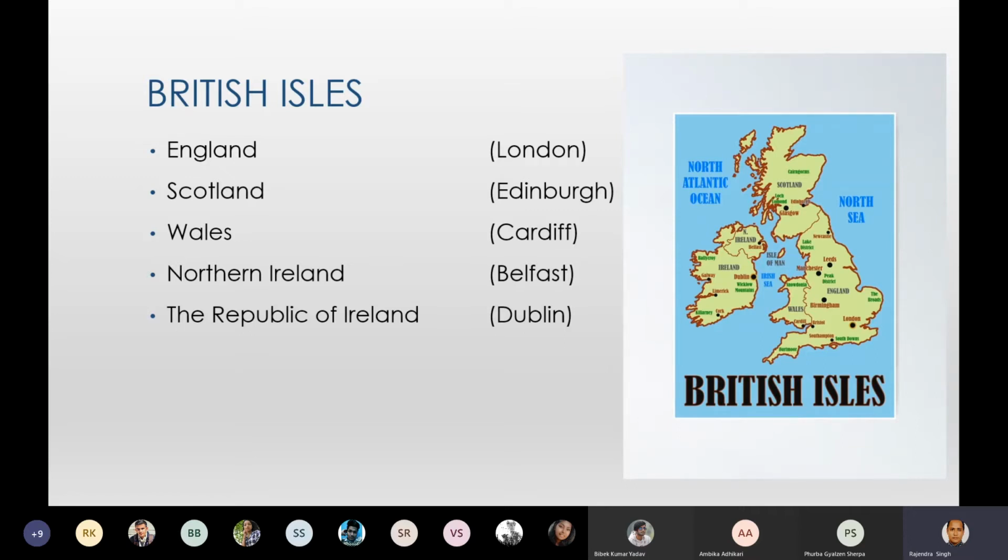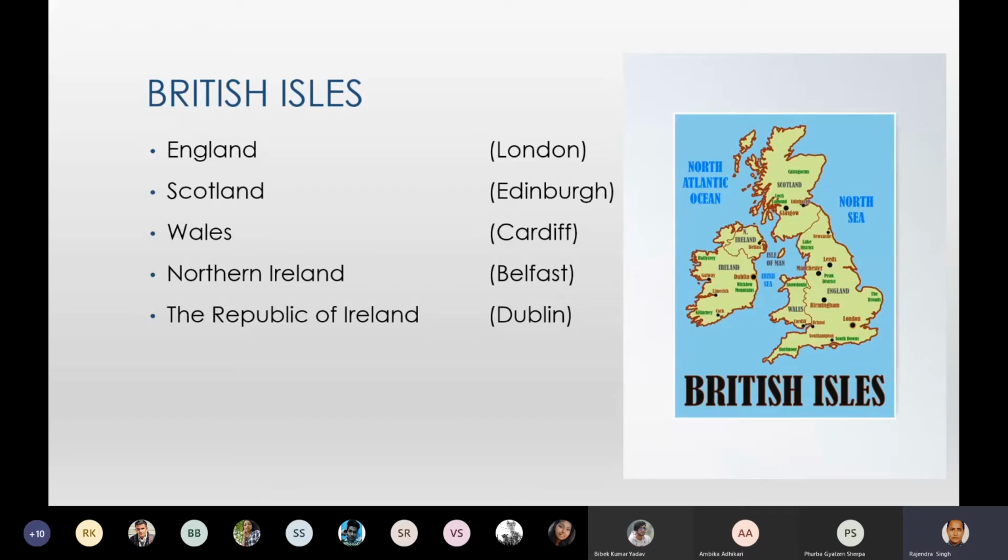And there's also Northern Ireland and the Republic of Ireland. The Republic of Ireland and Northern Ireland are one island, but politically it's two different entities, two different territories. Altogether, all of these land masses you call the British Isles.